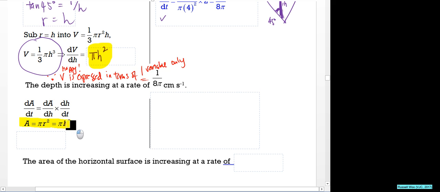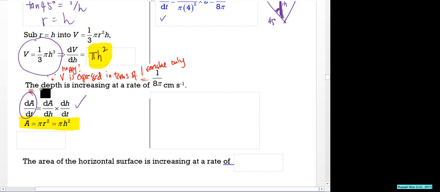Let's look at this. The area of the water surface is the area of a circle at the top of the cone, which is pi r squared, which is also pi h squared because r is h.